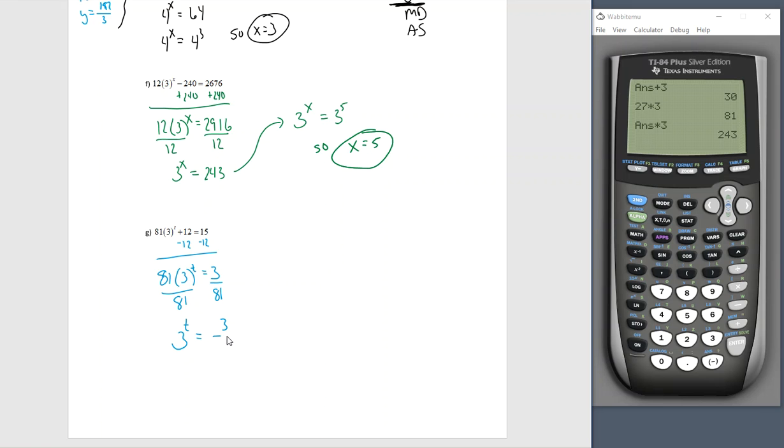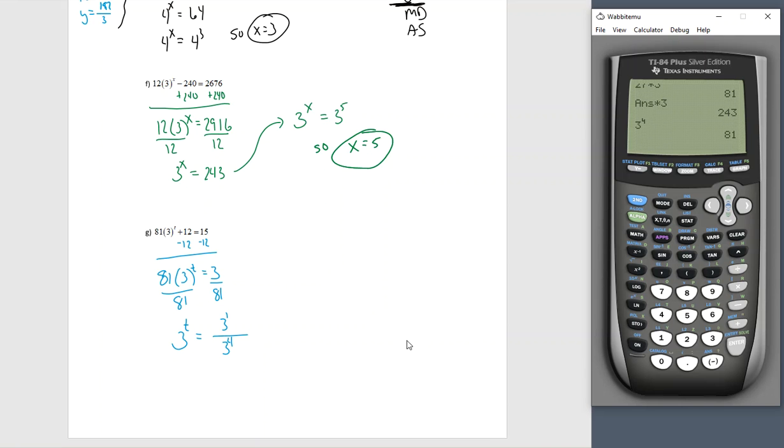But I'm going to use something that we just did up here in this step. It turns out that 81 is 3 to the fourth power. On the right-hand side of this, I could write these both as a power of 3. That's 3 to the first is 3. 3 to the fourth is 81. If you need to verify it, it's okay.